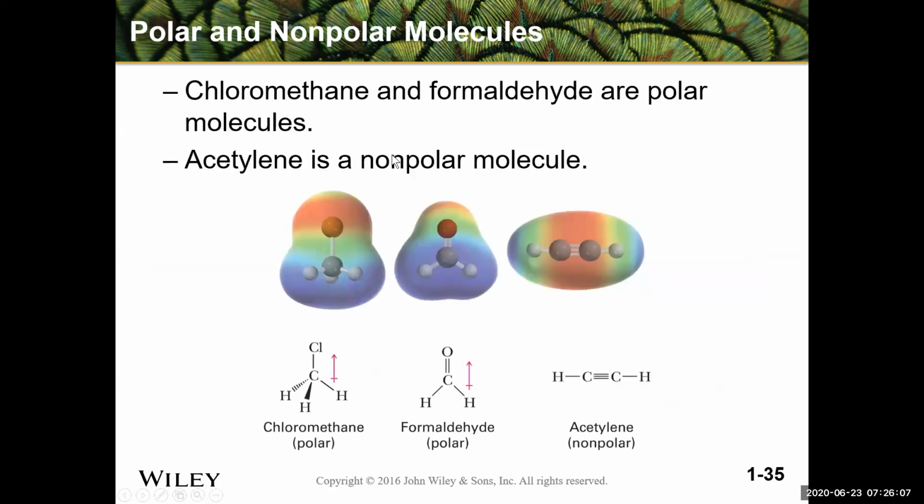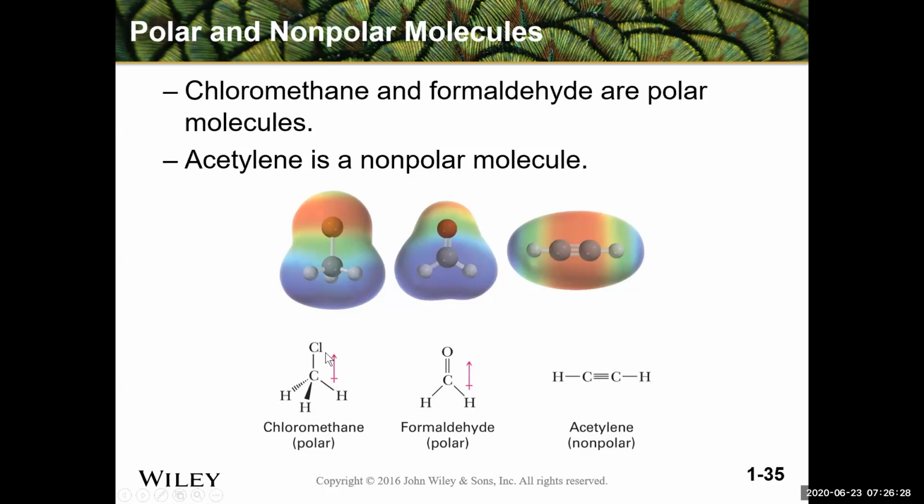Now, if we take some other examples, chloromethane, for example. Remember, for the hydrogen-carbon bonds, the difference in electronegativity between carbon and hydrogen is less than 0.5, so it's considered nonpolar.